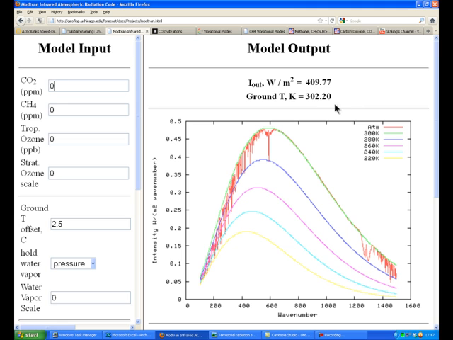And you can see, for example, the ground 70 kilometers below you, and the ground is at 302 degrees Kelvin, this figure here. 302 degrees Kelvin is about 30 degrees centigrade.